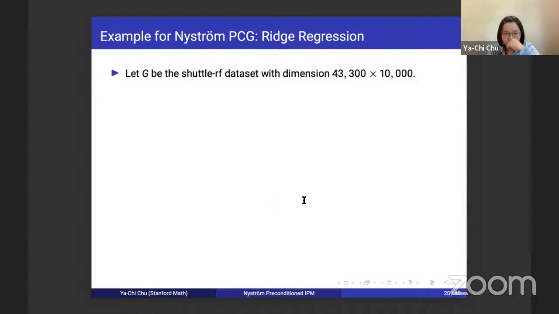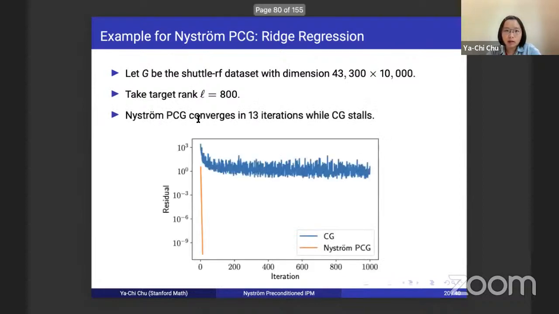We take G to be a data set called shuttle with random features, which has dimension roughly 43,000 times 10,000. For the rank of the Nystrom approximation, we take 800. This plot shows the residual of the Nystrom PCG.